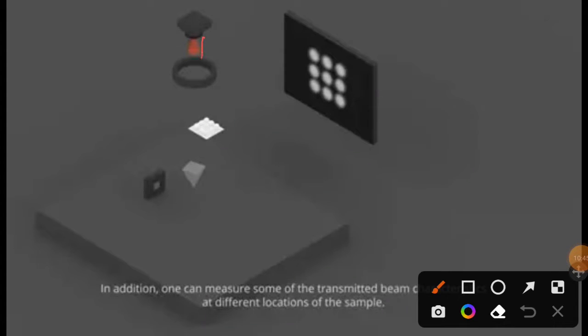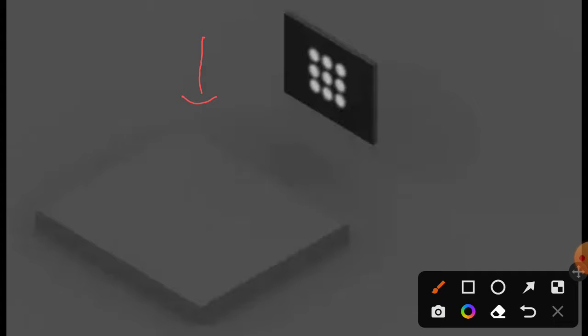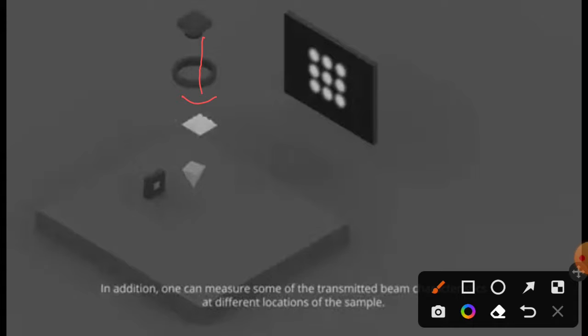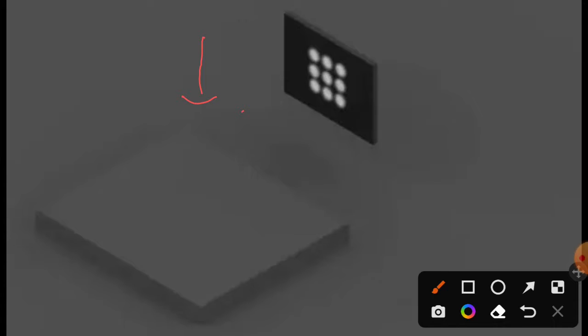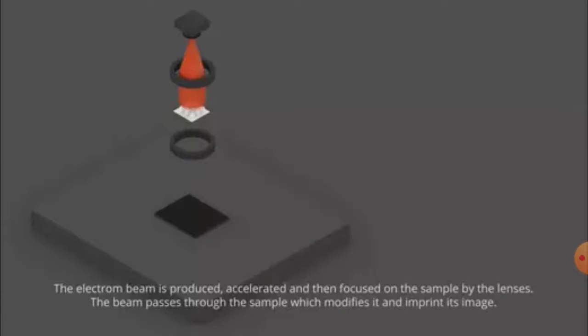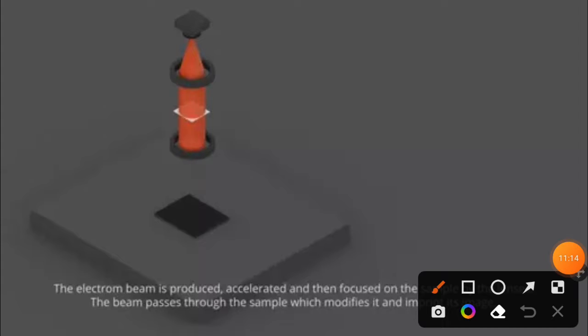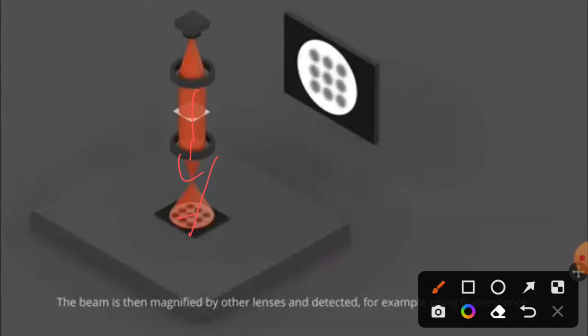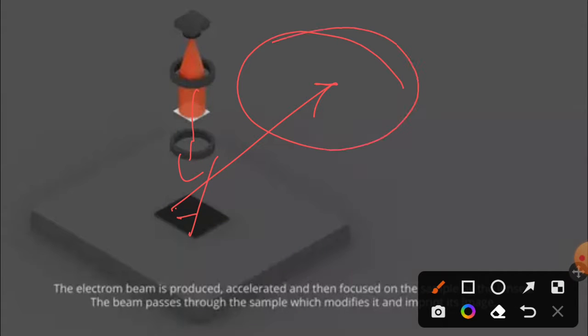As you can see, the electron is coming from the cathode, and this electron is of high voltage, and it is magnified and focused by the condensers that we are using. Remember again that the condensers are magnetic here, and after the condenser it will pass to the specimen, and then hit the fluorescent screen and create an image in the computer, right?